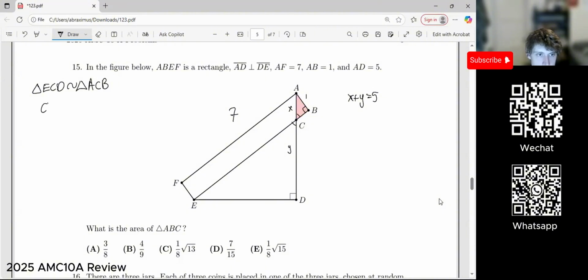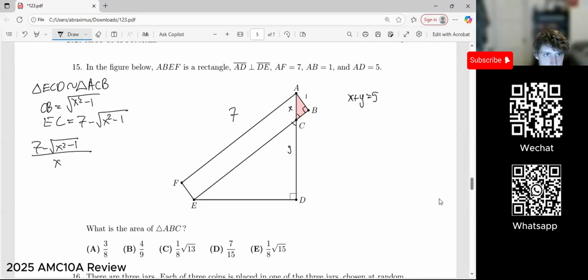And according to the Pythagorean theorem, CB is the square root of x squared minus 1. And so then EC is equal to 7 minus the square root of x squared minus 1. Then, according to similar triangles, 7 minus the square root of x squared minus 1 over x.